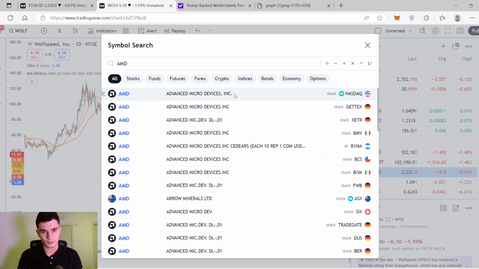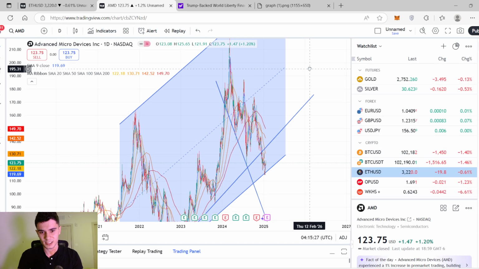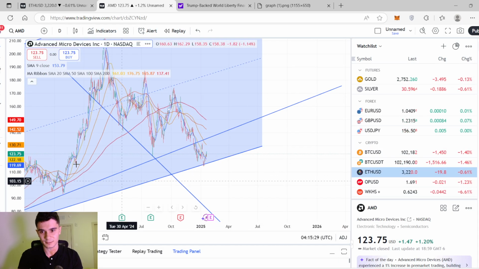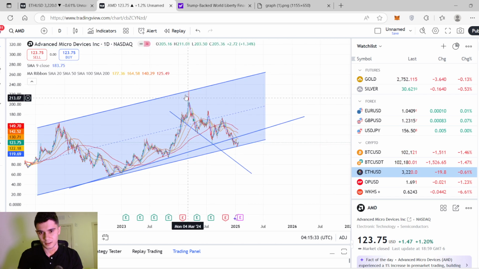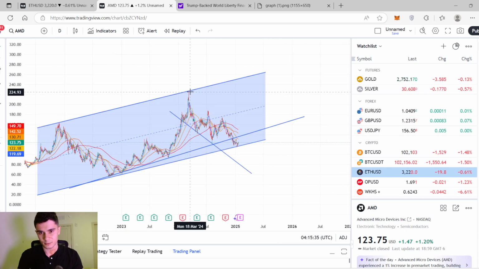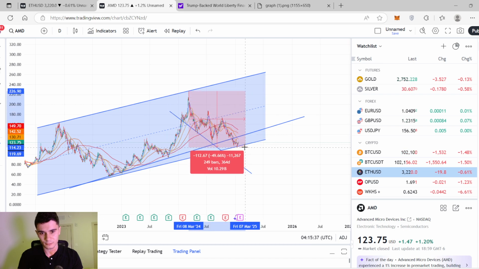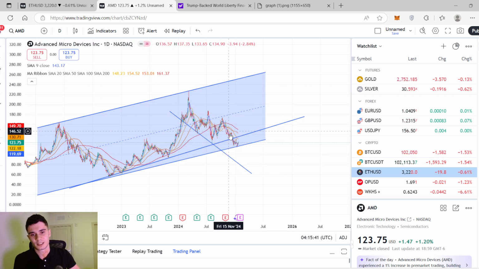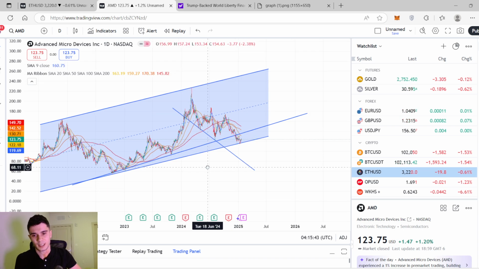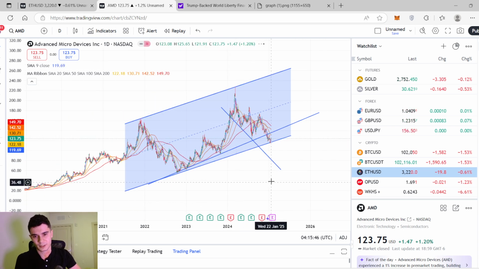And then let's look at AMD. So AMD's been hammered a lot. Basically, AMD went down from its high in March 2024. It went down 50%. So this is a very big decline, and the valuation of the company is good.